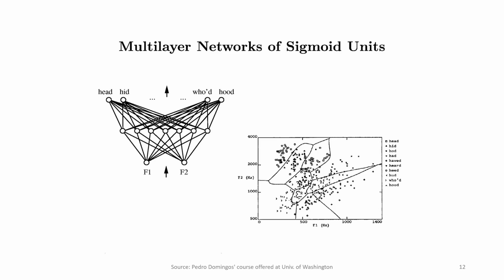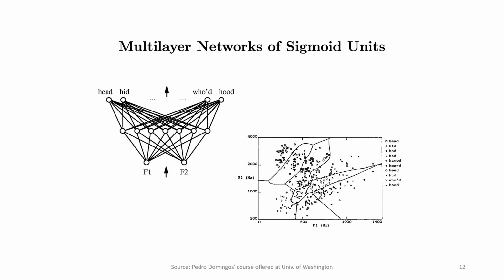On the right side of this slide, you see the decision surface that is being learned. As you can see, this is fairly complicated. So just with one hidden layer, you can learn something which is fairly intricate and complicated.